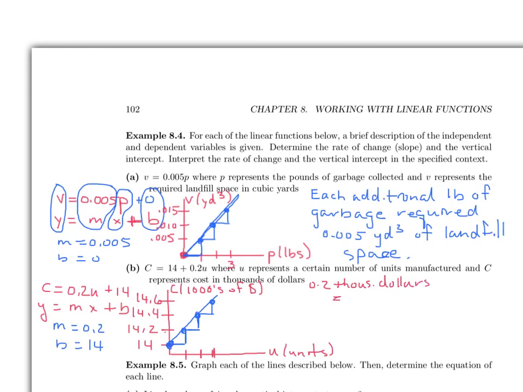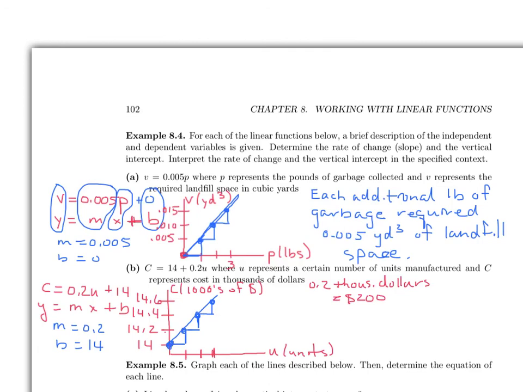That's the same thing as $200. So what we're saying is that every time we produce another unit of this item we're selling, the cost increases by $200. So really the slope is telling us the cost to produce each unit.